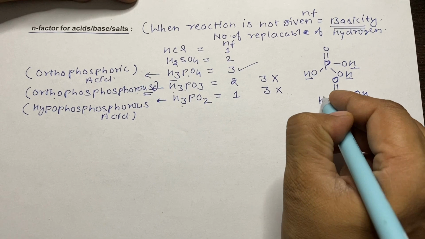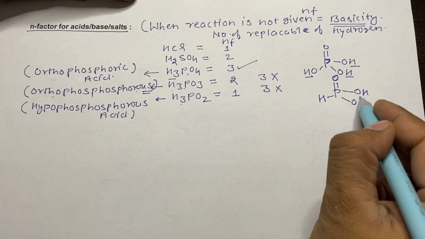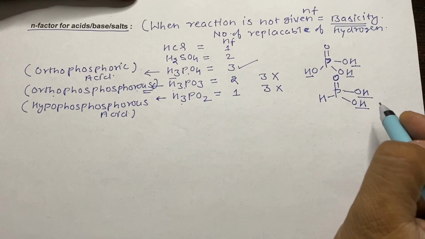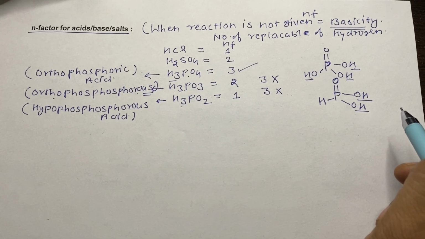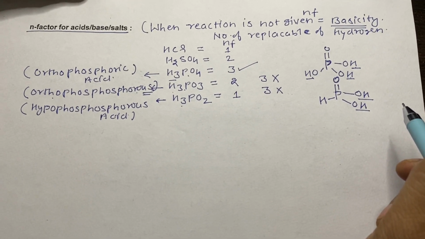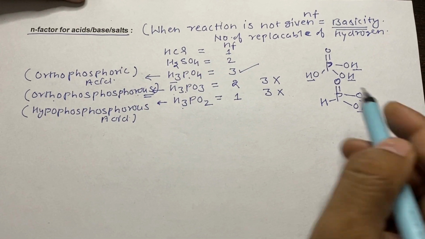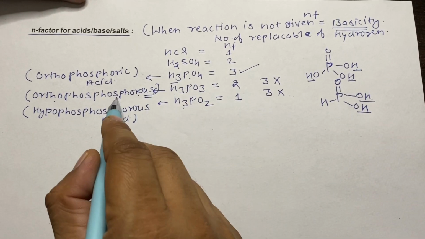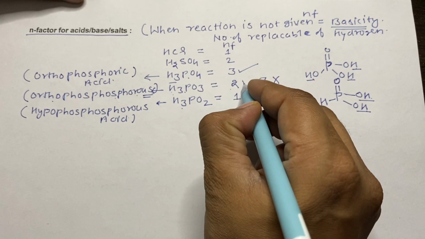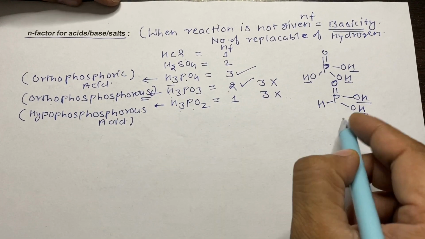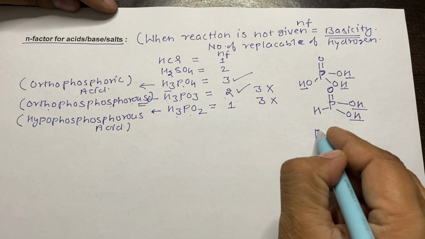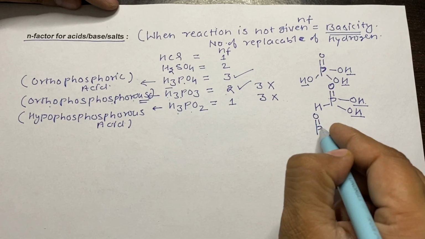Definitely one P-H bond is present in this, and 2 replaceable hydrogen. Replaceable hydrogen is one where hydrogen is connected to an electronegative element. So here replaceable hydrogen is 2. So the basicity of orthophosphorus acid is 2, so the n factor is 2. Now in case of hypophosphorus acid, we can draw the structure like this.